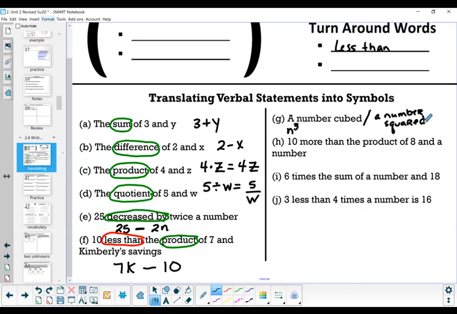That will be taking a variable and raising it to a power of 2. Notice how that's different from twice a number. A number squared is talking about the exponent. A number cubed is talking about the exponent.